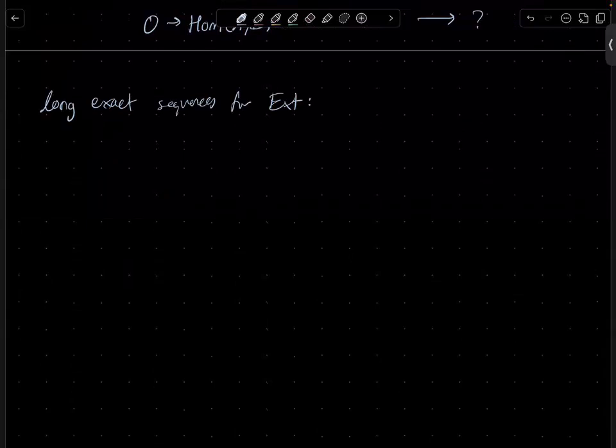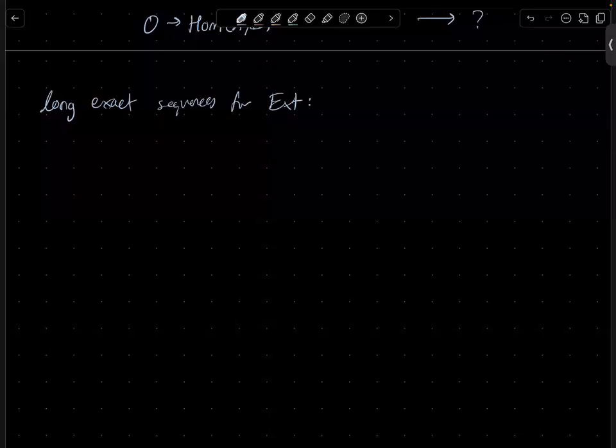Maybe for time, well, okay, it's a bit of a shame. It's probably unlikely that I'll get to do some calculations, so I'll just end off with the long exact sequences for Ext, and we can calculate a couple of Ext groups tomorrow.